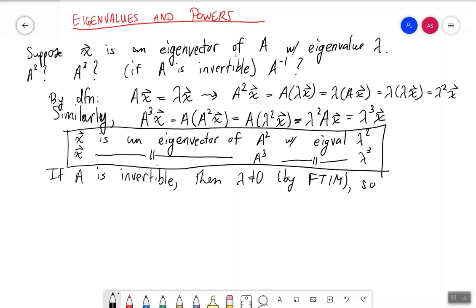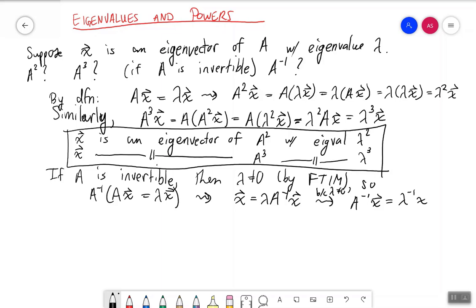So A inverse times the equation Ax equals lambda x becomes x equals lambda times A inverse x, which, because lambda is not 0, is the same as A inverse x equals lambda to the minus 1 times x.